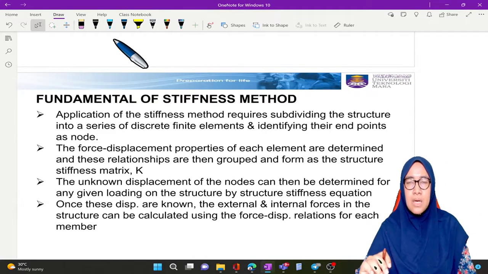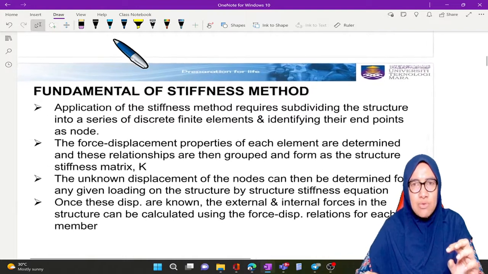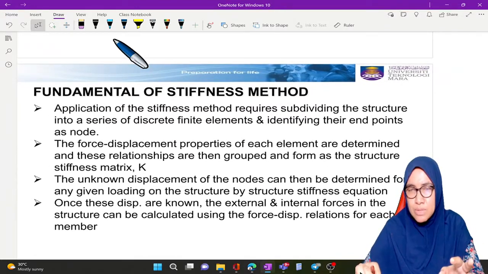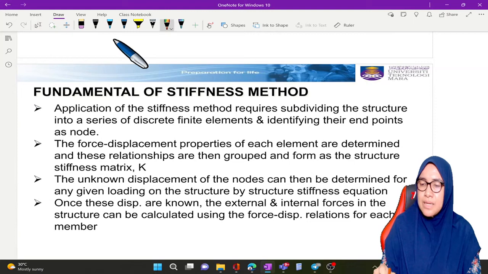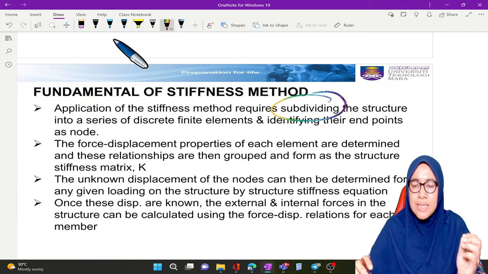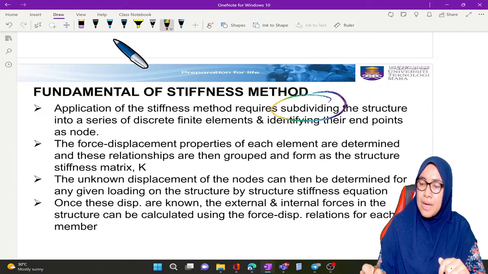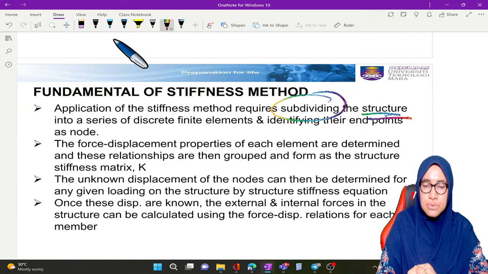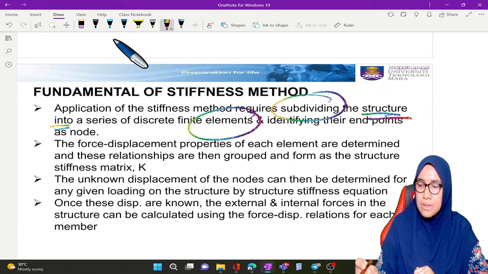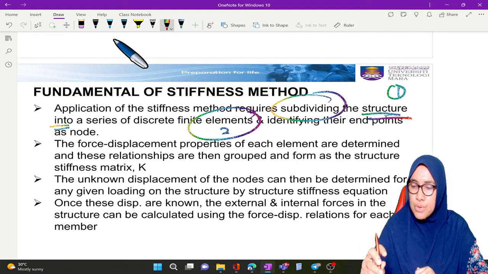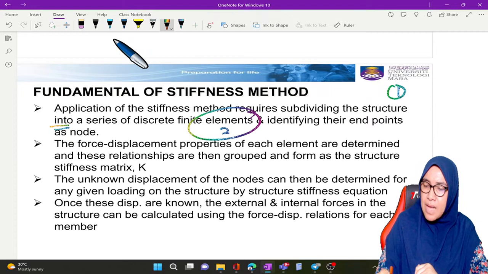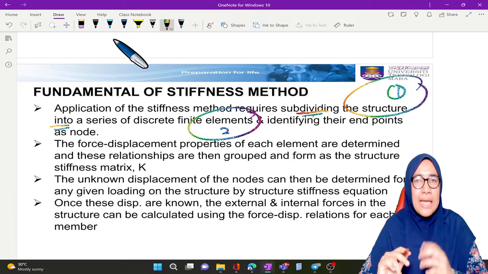The fundamental of the stiffness method. Try to focus on the keyword; you don't need to understand word by word. The keyword is subdividing. Number 1, subdividing the structure into elements.